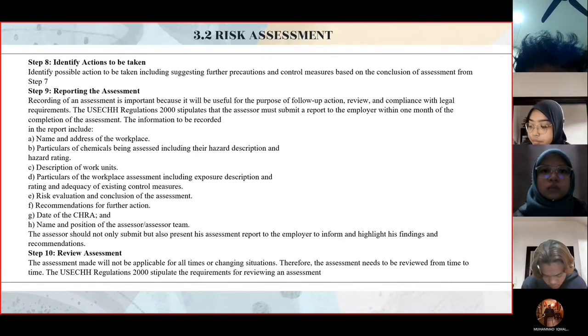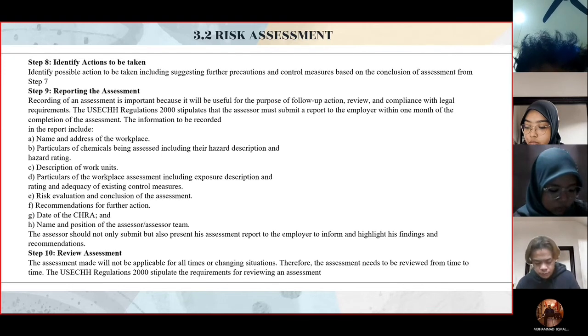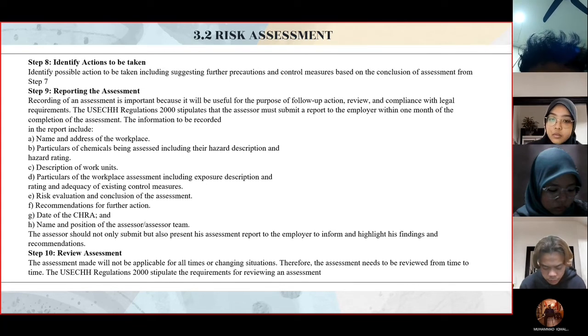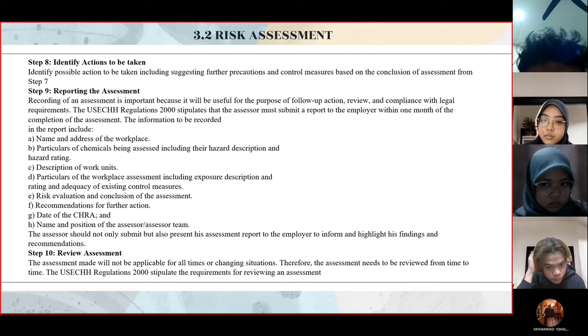The information to be recorded in the report includes: A. Name and address of the workplace. B. Particulars of chemicals being assessed, including their hazard description and hazard rating. C. Description of work unit. D. Particulars of the workplace assessment, including exposure description and rating and adequacy of existing control measures.